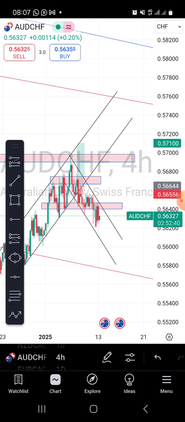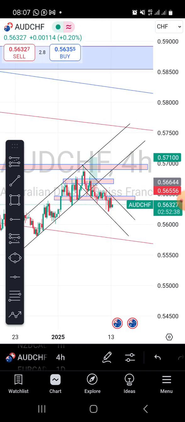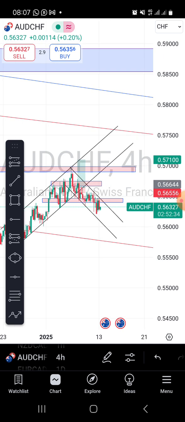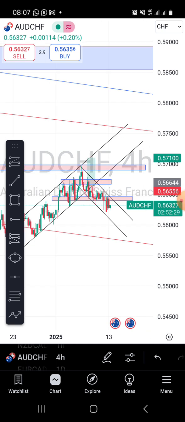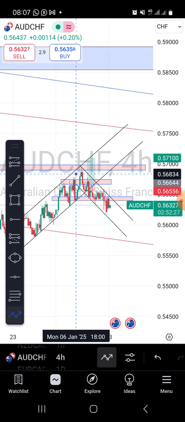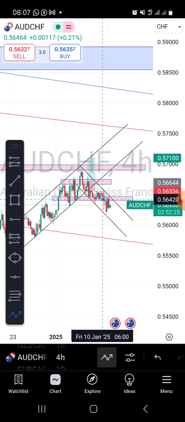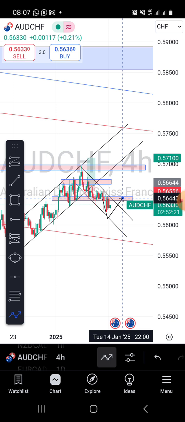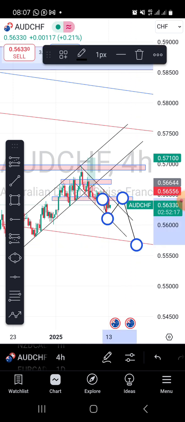Okay, very good. Let's see how the market will present itself in the course of the week. However, I still expect price to move a little bit down to this area, then test this leg line, before the downward move.